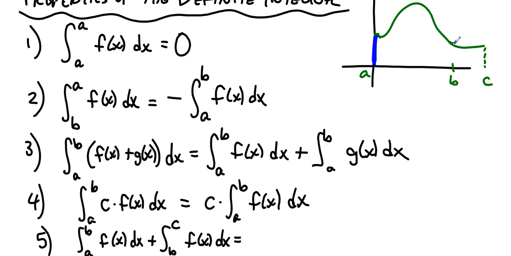If you take the integral from a to b of f of x dx and add on the integral from b to c of f of x dx, you should get the integral from a to c of f of x dx. That almost makes sense. It turns out that that makes sense even if, oh bugger, even if c is over here.